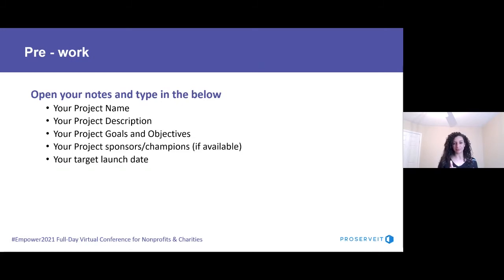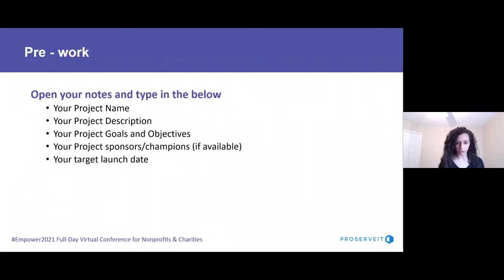Type its name, a quick description if you have one, your project goals and objectives, project sponsors and champions if you have any, and your target launch date. So we'll pause for a few seconds.